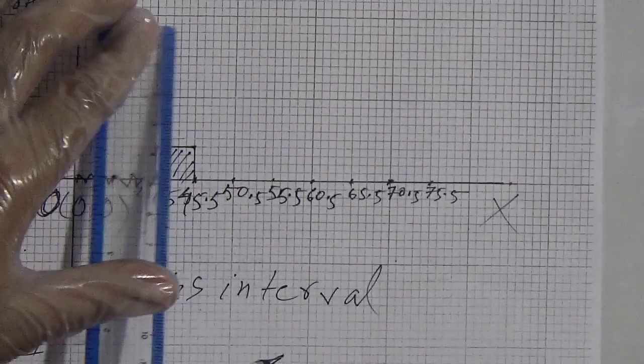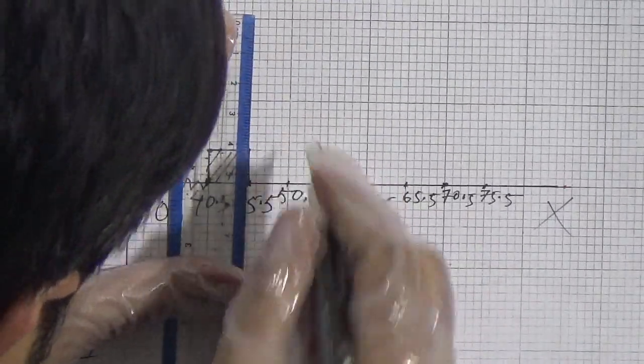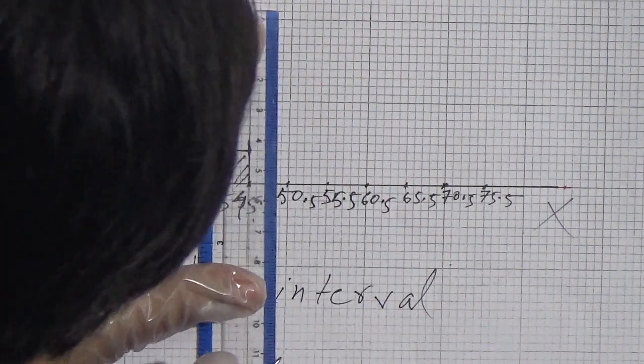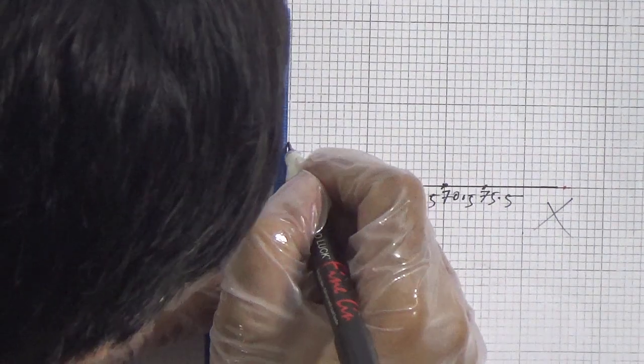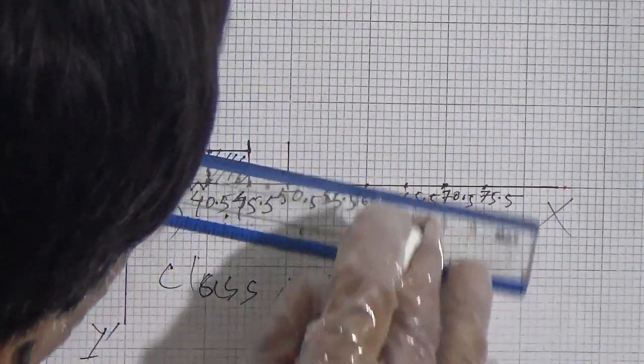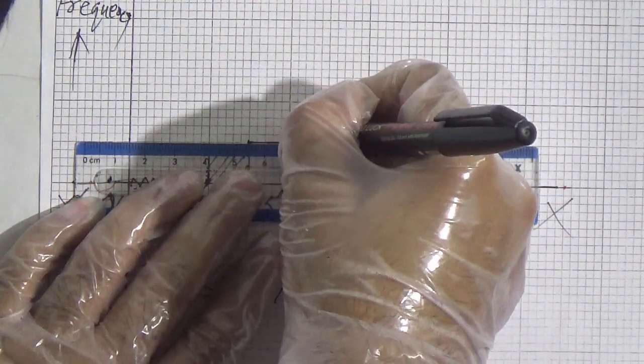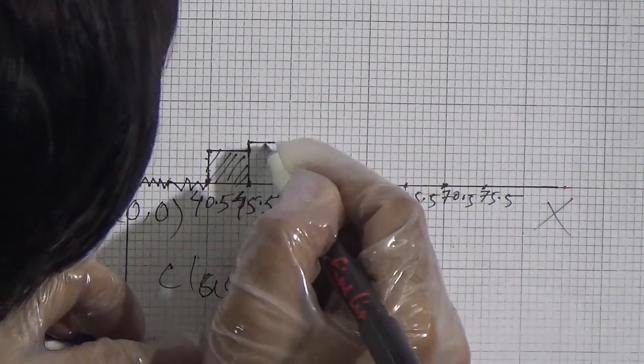So we have to move 5 smallest squares along y-axis. This is the rectangle for the second class.